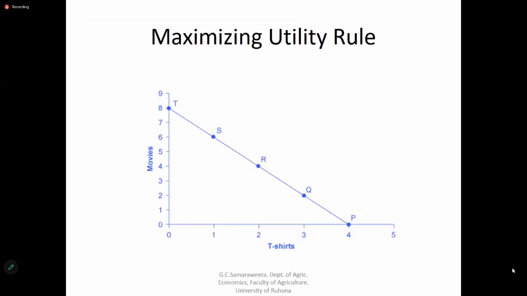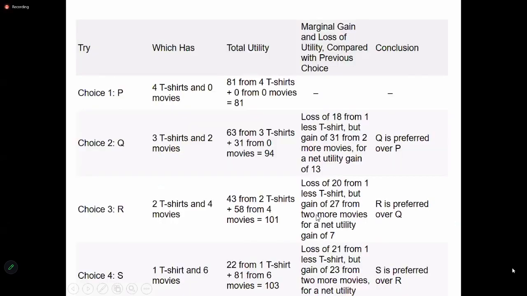At the point P, 4 t-shirts and 0 movies, assume they are getting 81 total utility. So the total utility is 81. Normally total utility is given to you in all calculations, but I am explaining how it comes.